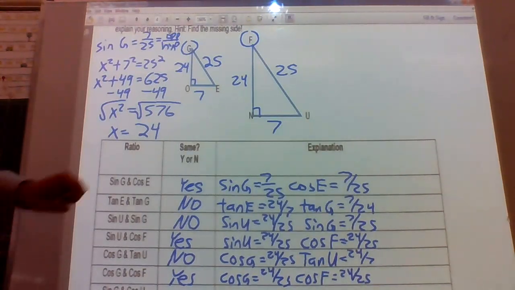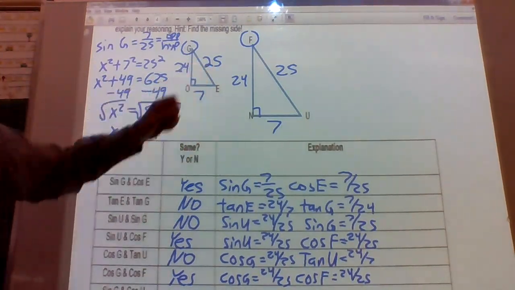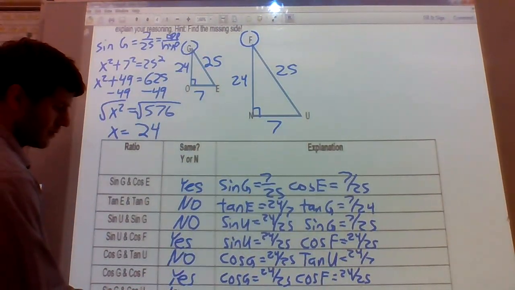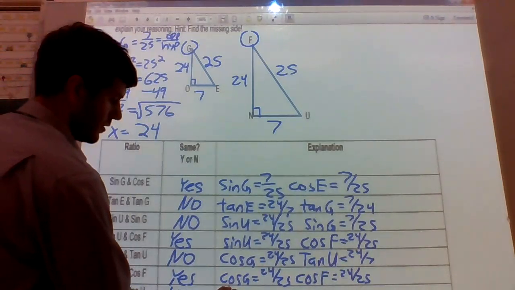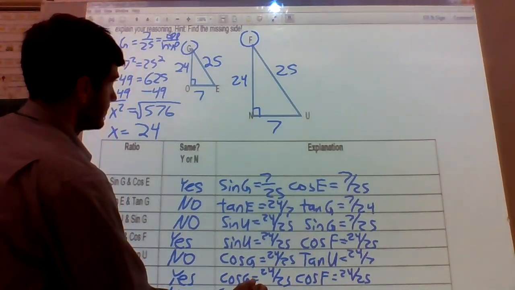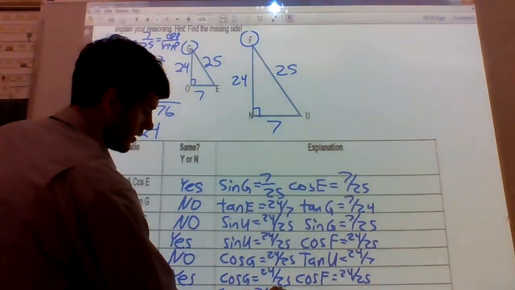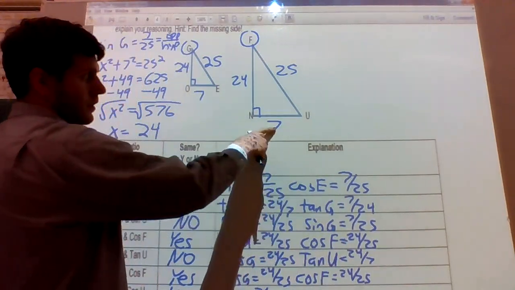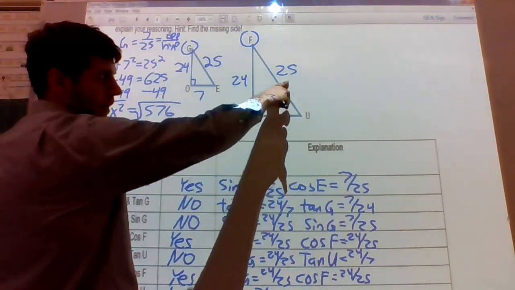Sine of G, 7 over 25. This one's going to be yes. Sine of G is 7 over 25. And then cosine of U. Adjacent is 7, hypotenuse is 25.